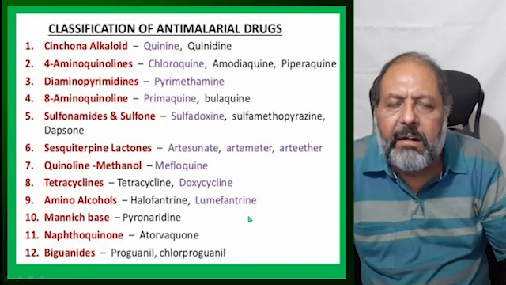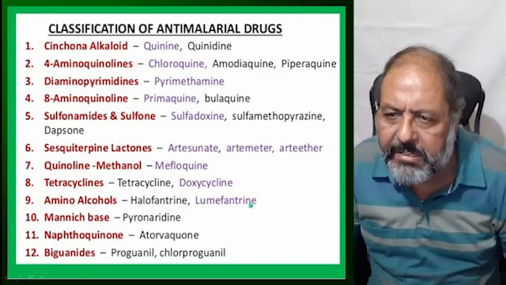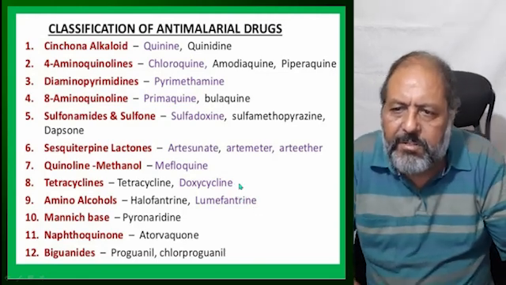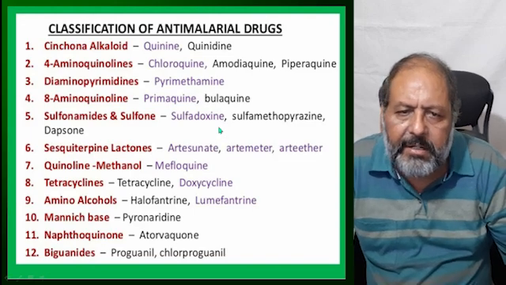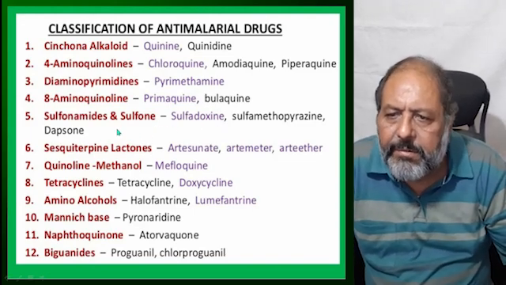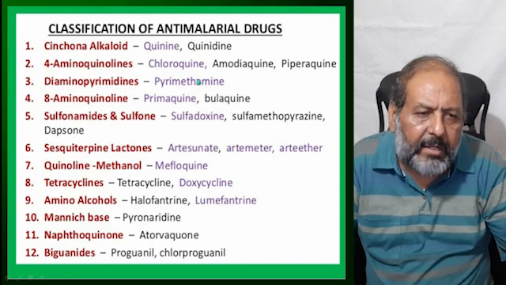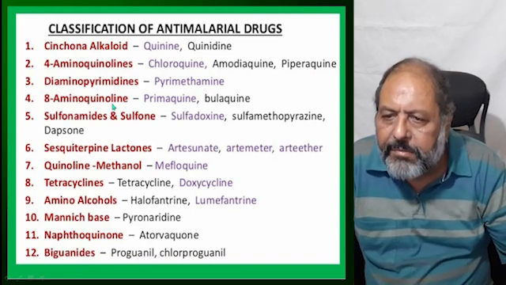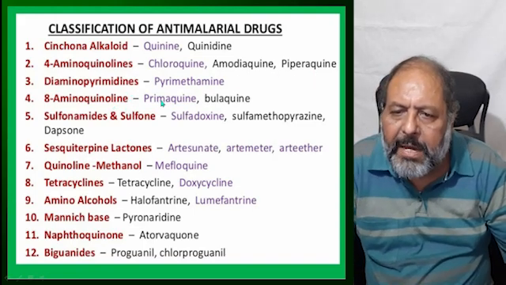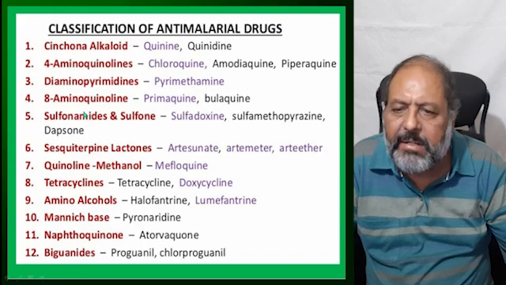Now, there is the classification of antimalarial drugs. The first is cinchona alkaloid, which contains quinine, 4-aminoquinoline that contains chloroquine, amodiaquine, and piperaquine. Then diaminopyrimidines, that is pyrimethamine.